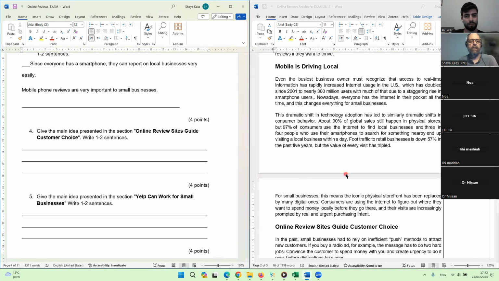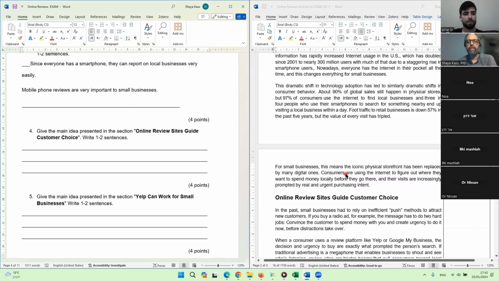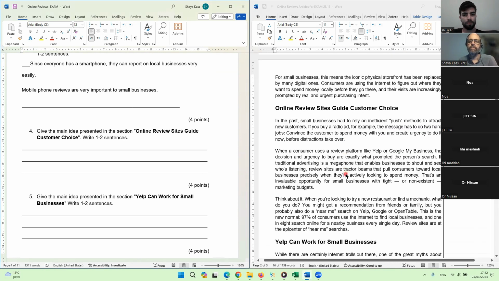The next section, online review sites guide consumer choice. In the past, small businesses had to rely on inefficient push methods to attract new customers. When a consumer uses a review platform like Yelp or Google My Business, the decision and urgency to buy are exactly what prompted the person's search.